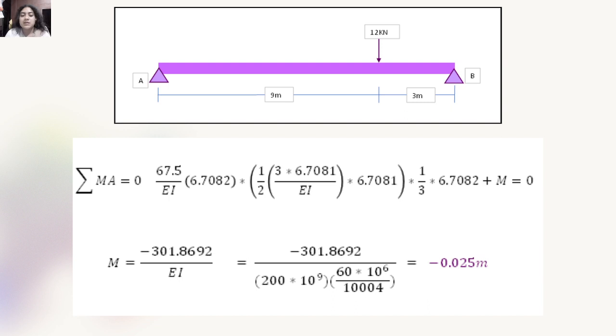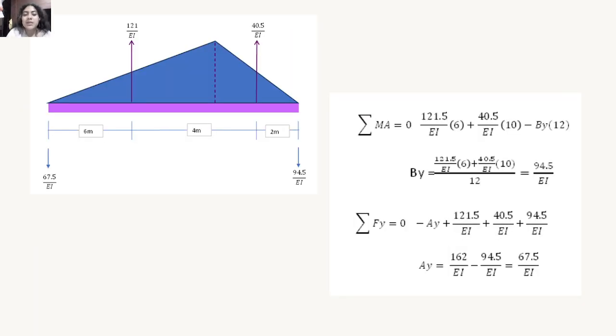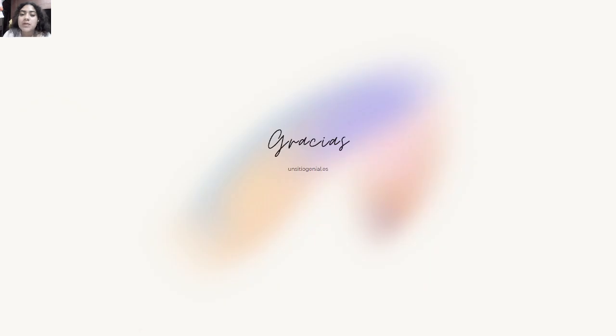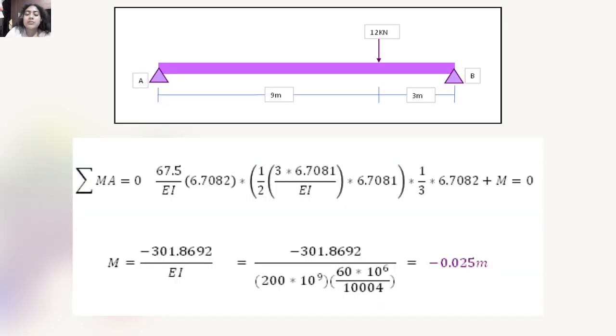Then multiplied by a half, 1 divided by 2, multiplied by 3, it's the distance in my triangle, multiplied by 60.7081, that divided by the elastic modulus, that multiplied by 60.7081, because it's the distance to my beam in the fourth section.